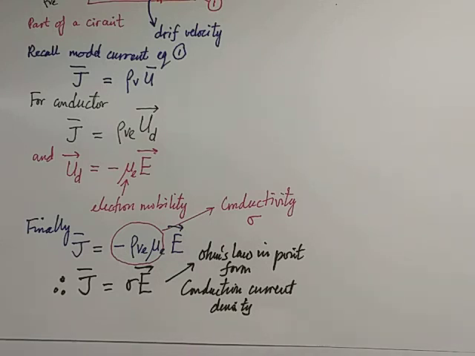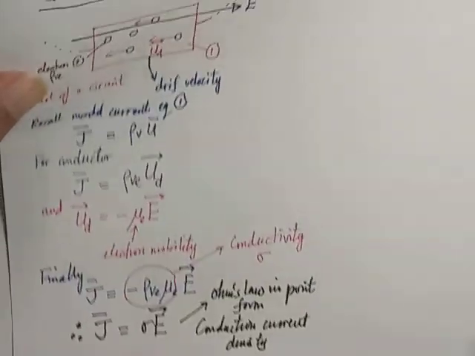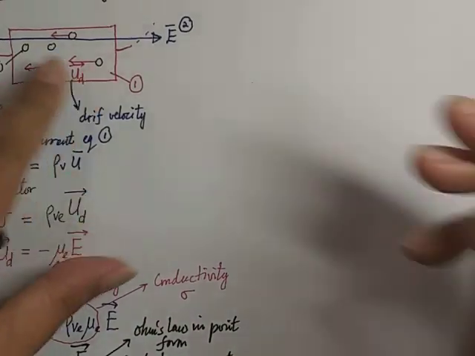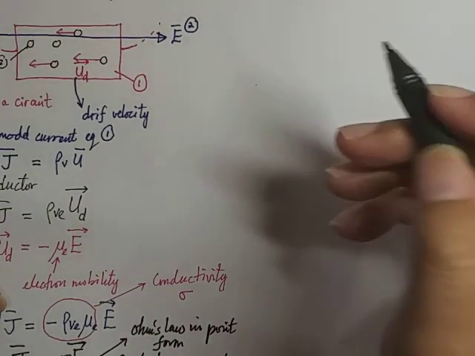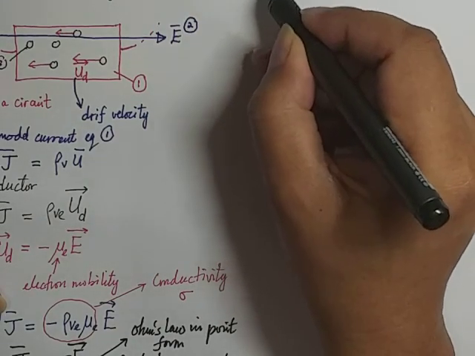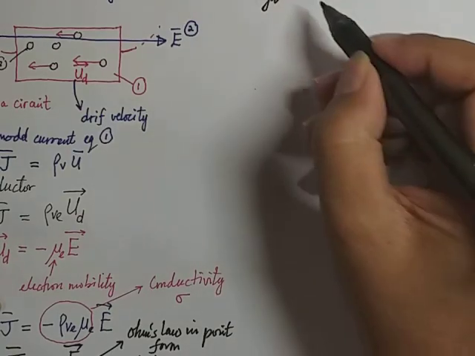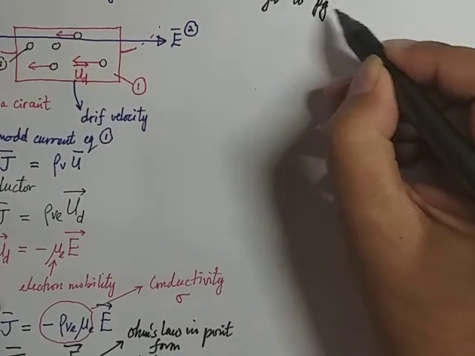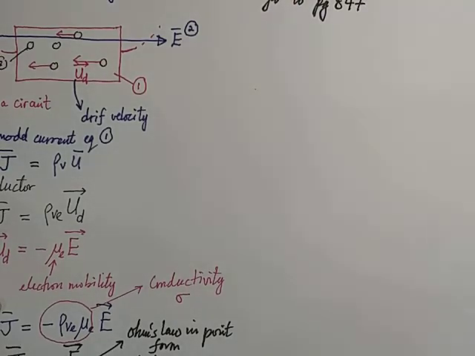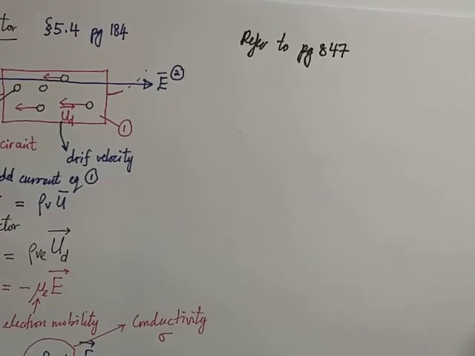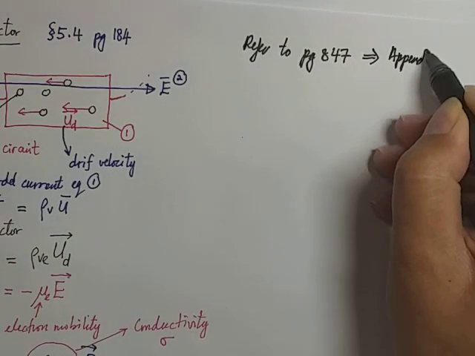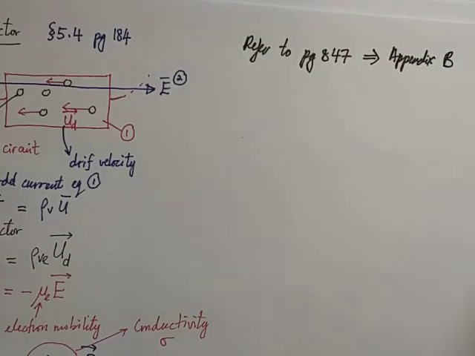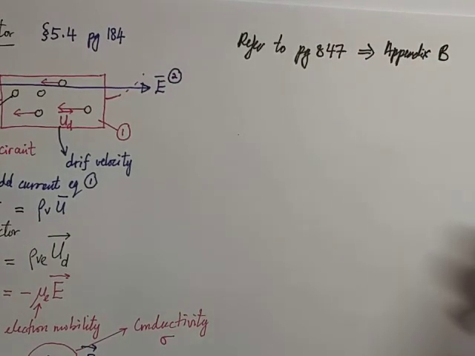Okay, so let's talk about this conductivity issue. If you refer to the textbook, page 847, you will see there's an appendix, Appendix B. This appendix is a tabulation of materials with their respective conductivity values.